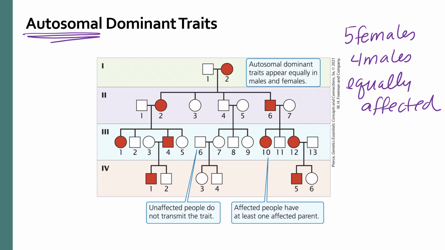But I ask students, instead of saying it doesn't skip or it appears in every generation, what I want you to look at is where does each child get the trait? So if we start down here at number 5, this individual got it from an affected parent. This individual got it from an unaffected parent. This one from an affected parent.